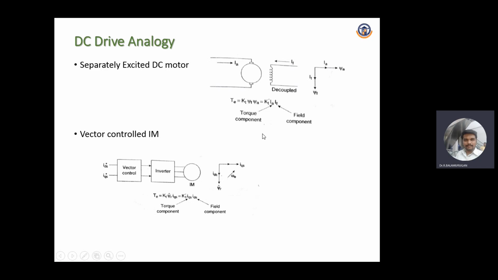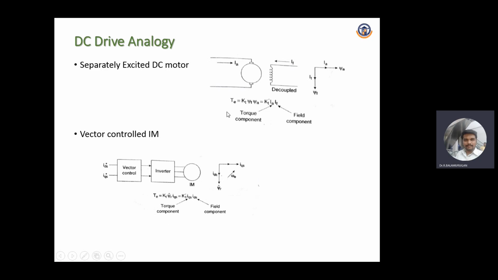So the torque component and field component are independent and decoupled. When we control them individually, we can have control over the motor. The same is observed in the induction motor vector control. Here also we have modeled it like the DC drive analogy, that is, the separately excited DC motor.